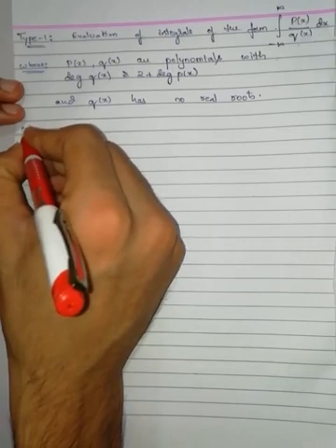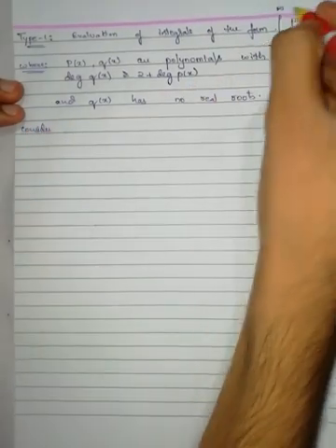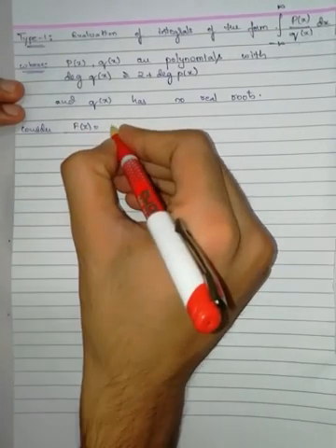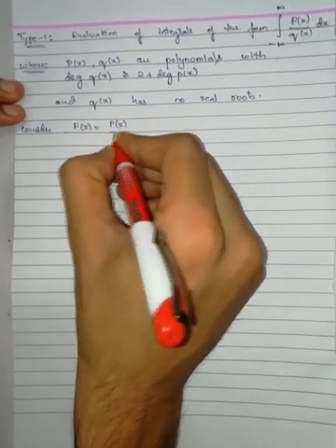Now consider this function as f of z. f of z is equal to p of z by q of z.